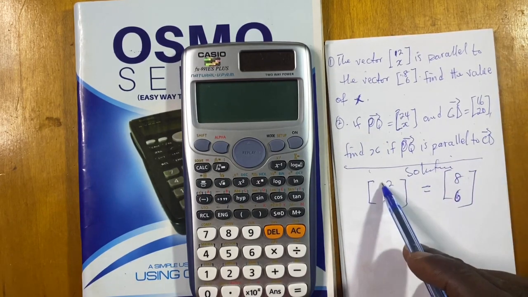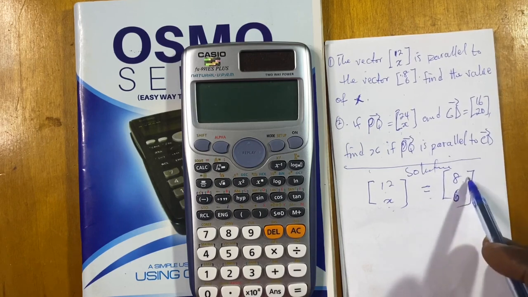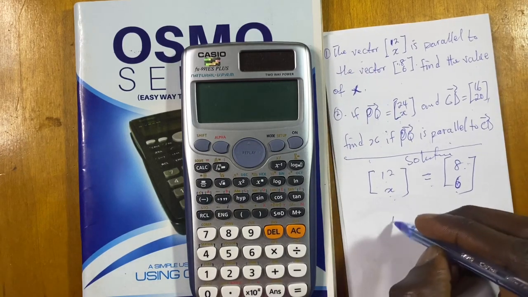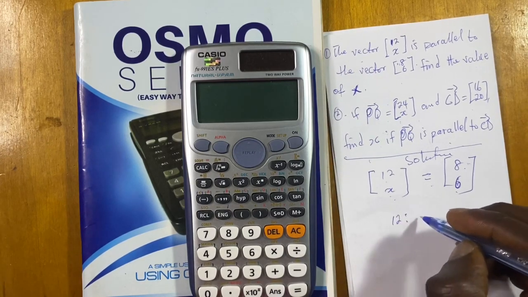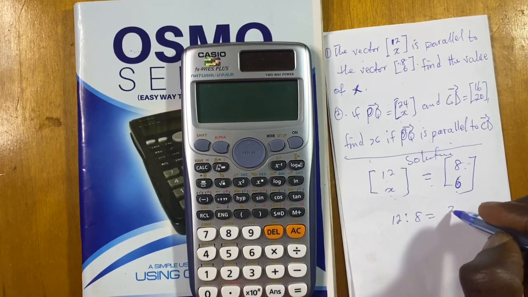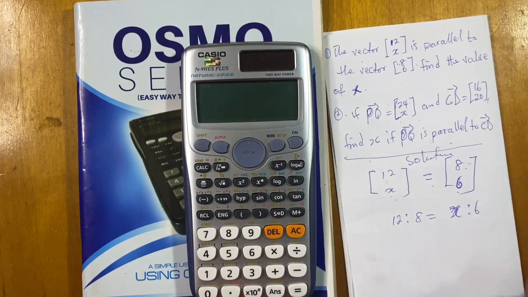Now we have (12, x) equal to (8, 6). Since they are parallel, we can say 12 is to 8 equal to x is to 6.